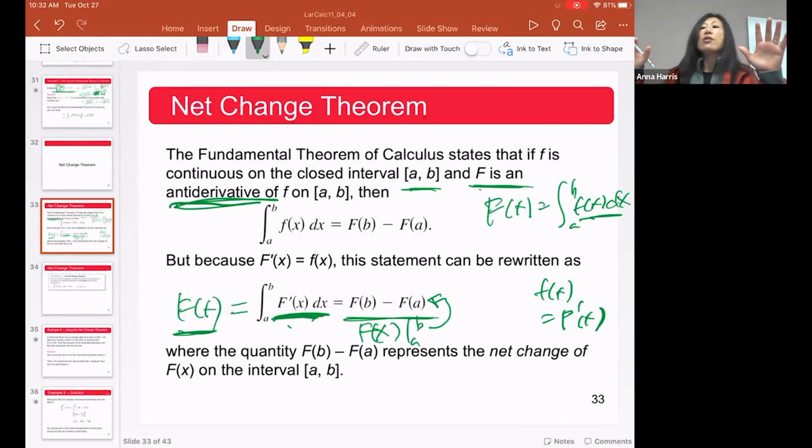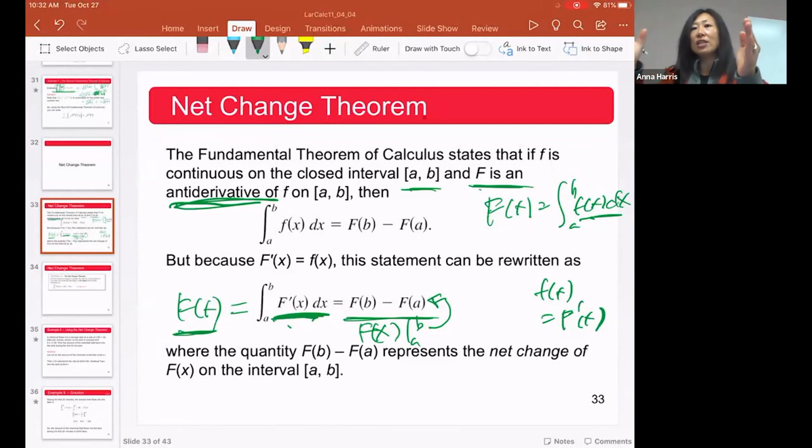So that is, in other words, net change. What is the change between the upper limit and lower limit, the net change? In other words, the area under that curve between a and b is the same as the net change. You know what net means, right? Net means what came out of it. What's the outcome?